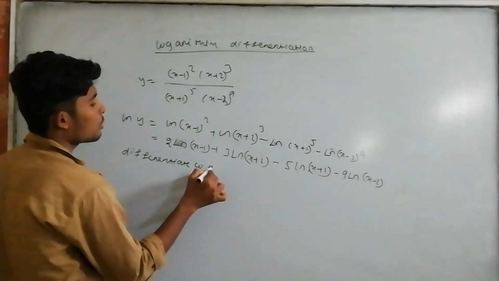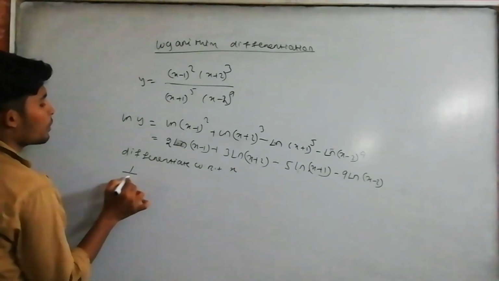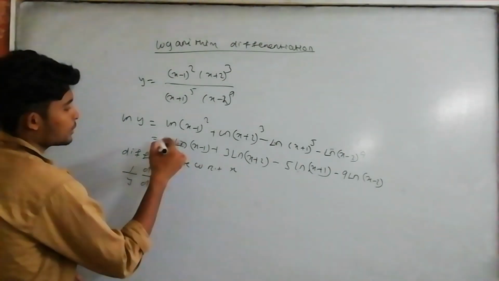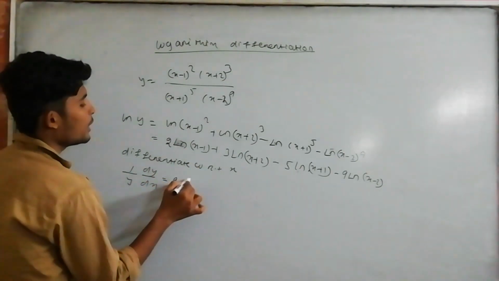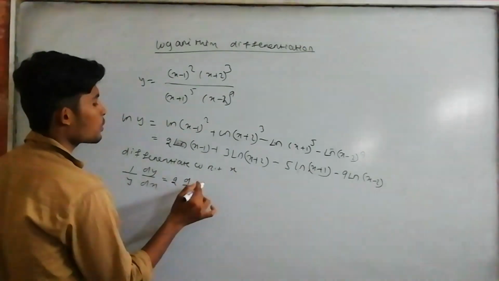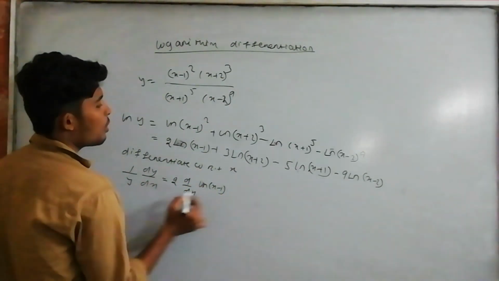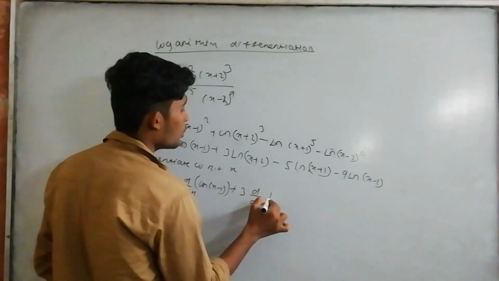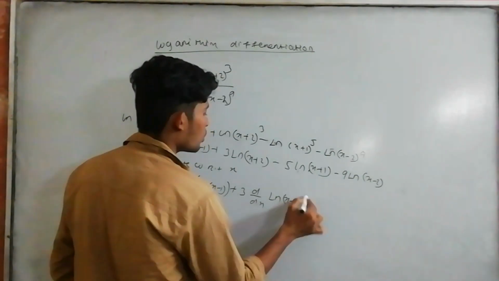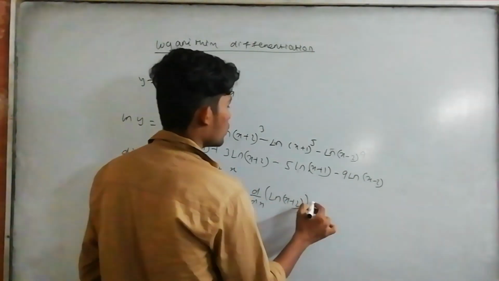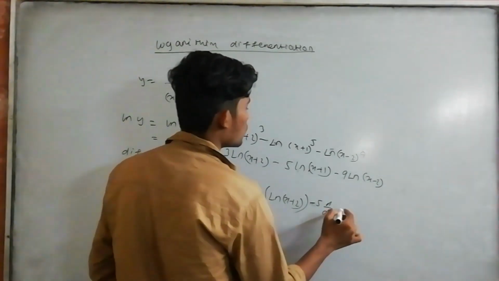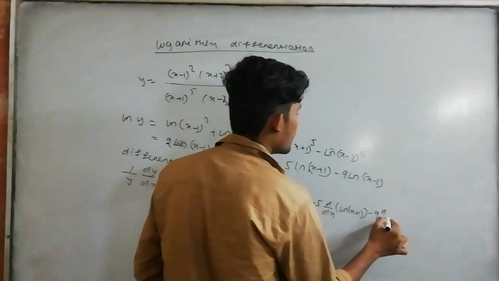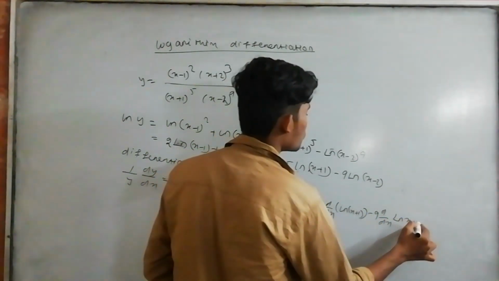So what do you get? (1/y) dy/dx equals 2 d/dx of ln(x minus 1) plus 3 d/dx of ln(x plus 2) minus 5 d/dx of ln(x plus 1) minus 9 d/dx of ln(x minus 2).